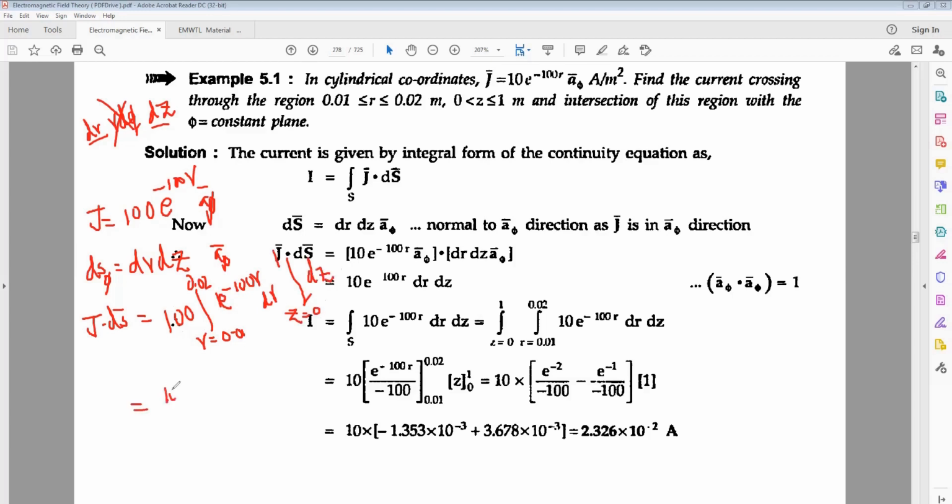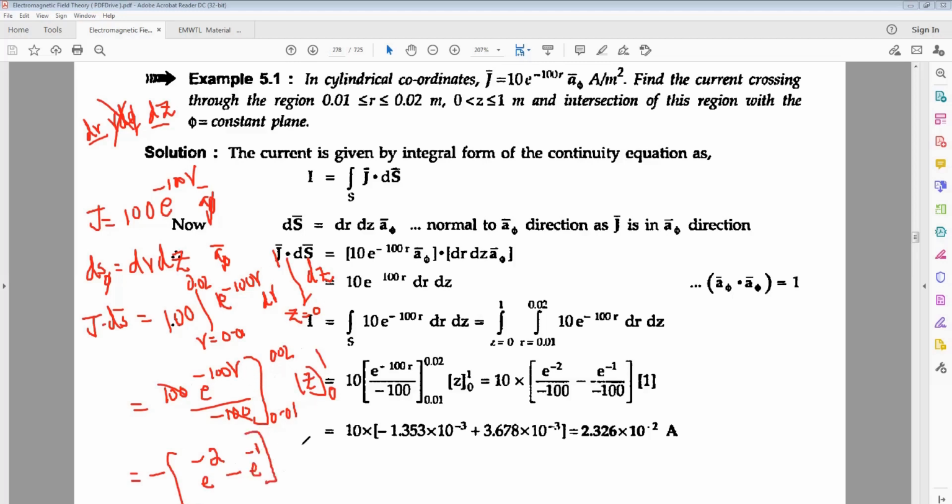Okay, apply the integral for the exponential: e power minus 100 R by minus 100 with upper limit 0.02 and lower limit 0.01, and z with the upper limit 1 and lower limit 0. So the 100 is there, minus e power minus 100 by 0.02, which means e power minus 2, minus e power minus 1, and z is 1.